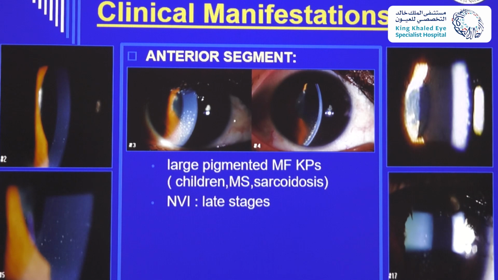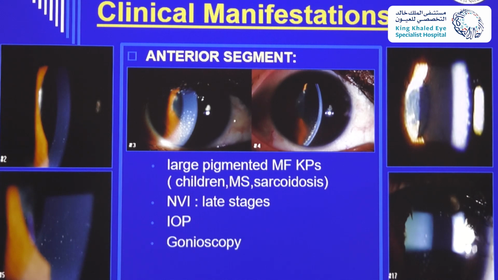NVI could be seen in a patient with long-standing disease that is not treated or neglected. It could present with prominent iris blood vessels or neovascularization, sometimes hyphema. So put that in mind. In advanced cases, there might be increased intraocular pressure. Why? Because of peripheral anterior synechiae or posterior synechiae or occlusions, or even secondary to steroid response.